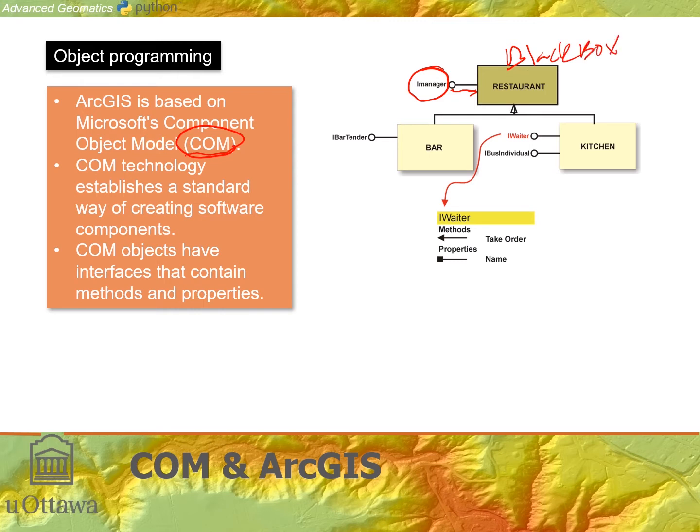In other words, we don't know the details, the layout, or anything about the restaurant, what its profits are, how much food it has to order, where to order from, or anything. If we want to know any of that information, we just ask the manager. The manager then would have certain things that we can ask called properties and certain things that we can ask the manager to do called methods.